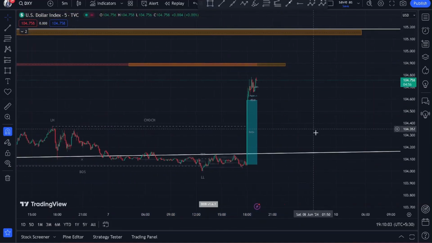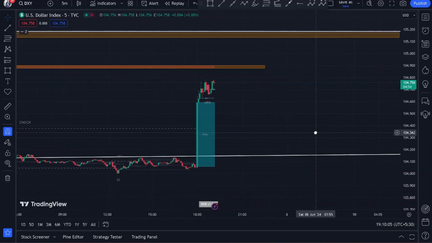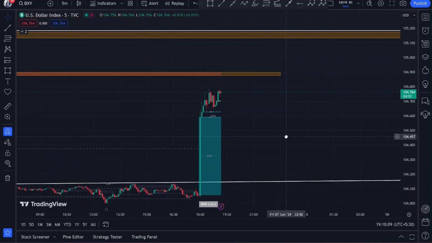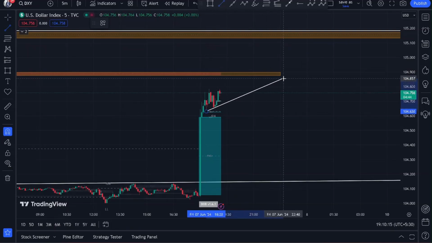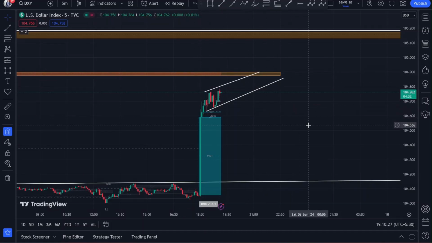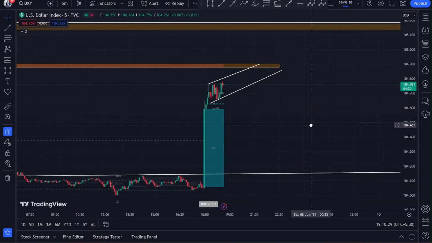Before it goes up to the resistance and gets rejected, I can see something like a channel forming over here. A channel or wedge is forming, like a rising wedge pattern, which is a little bit bearish on the other side.